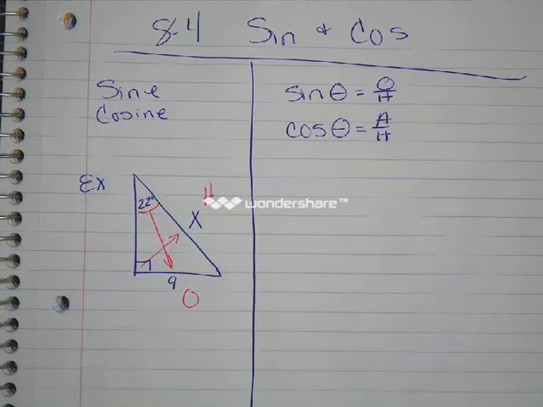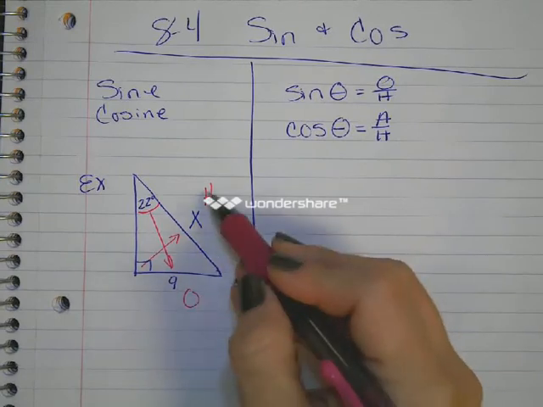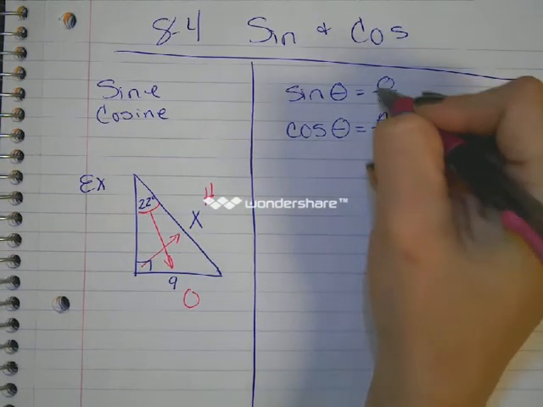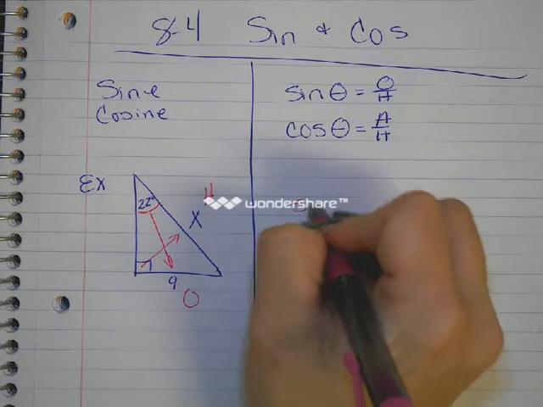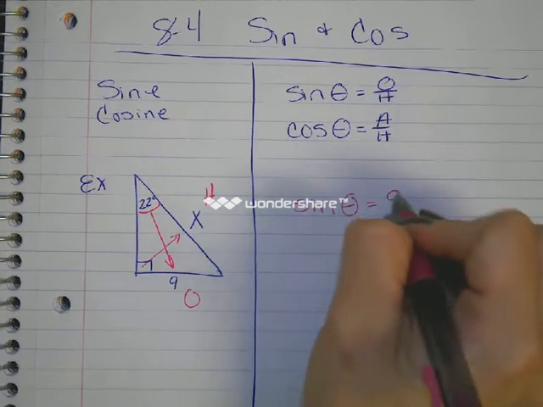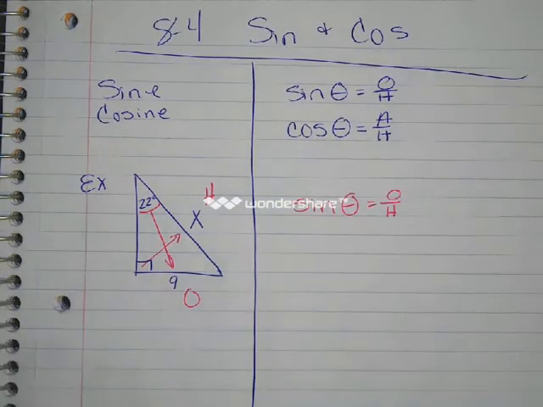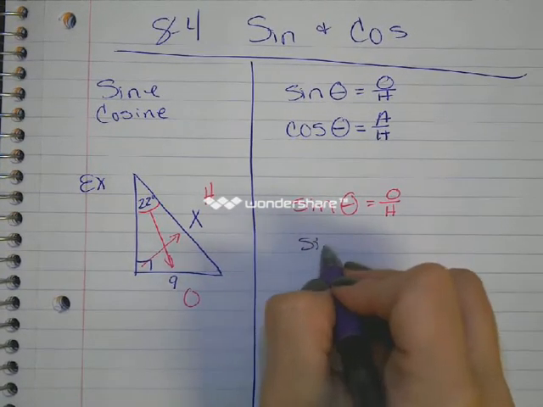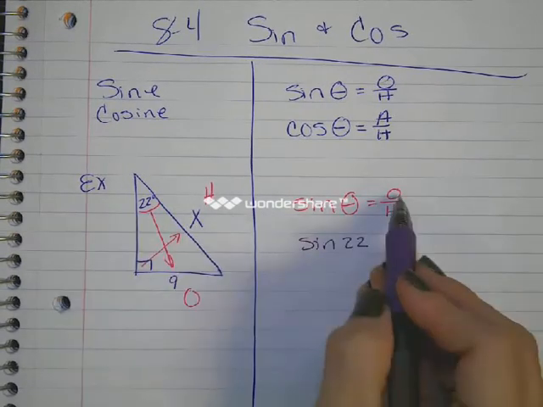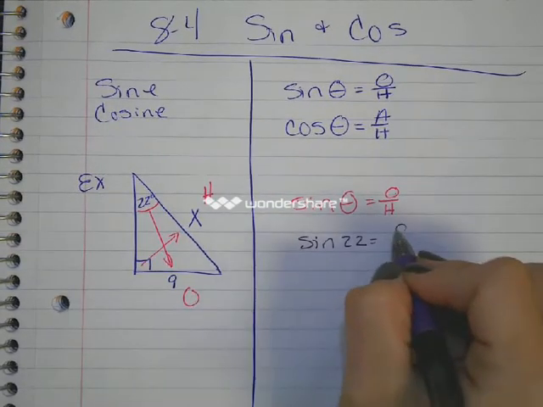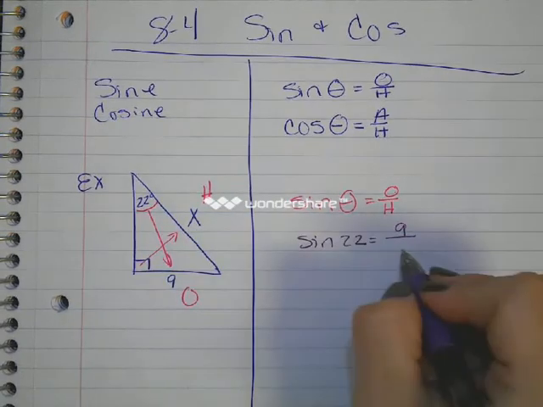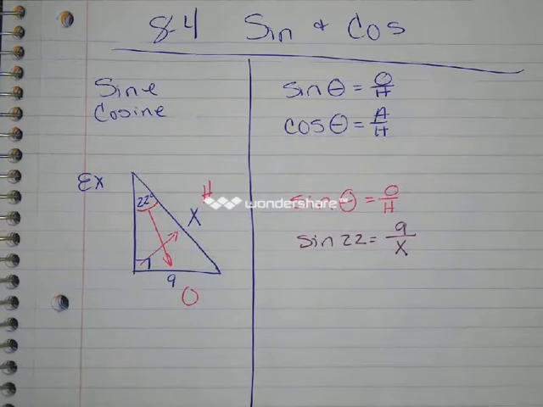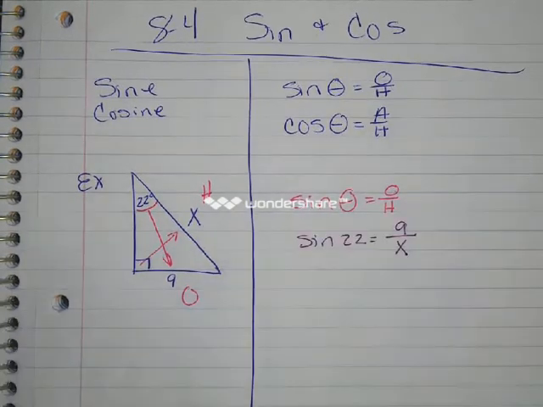So since I have an O and an H, I'm going to use the sine formula. So this is going to be sine of theta equals O over H. My angle is 22. My opposite is 9, and my hypotenuse is x. Now go back to yesterday's notes. How do you solve the problem when x is on the bottom? I gave you a little shortcut.